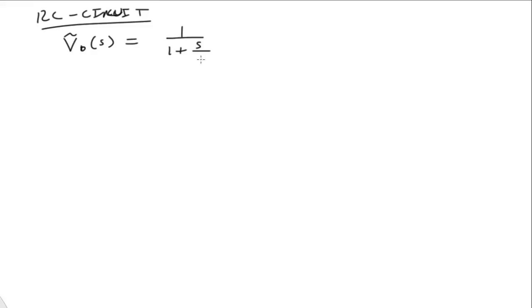Okay, so now let's go back to our problem of our RC circuit. We have the following result: V out of S is equal to 1 over 1 plus S all over omega naught, where omega naught was equal to 1 over RC.